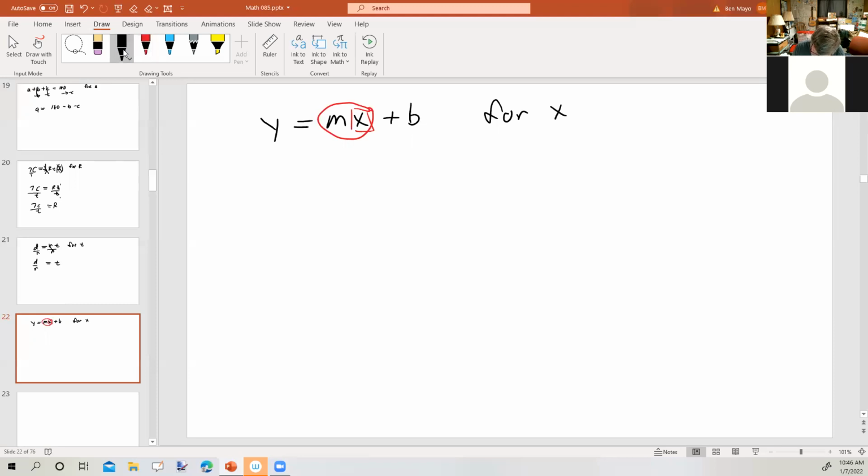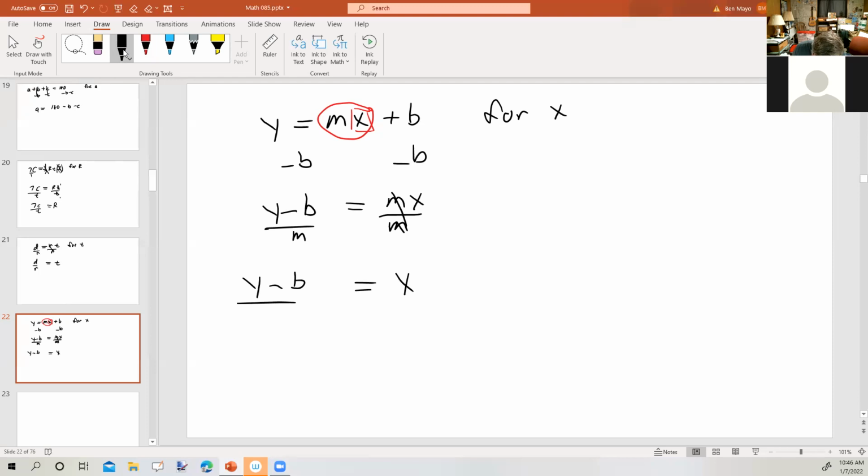So to isolate the variable term, we would subtract B from both sides. Then to isolate the variable, we would divide both sides by its coefficient. M is the coefficient of X because M is being multiplied by X. So X equals Y minus B all over M.